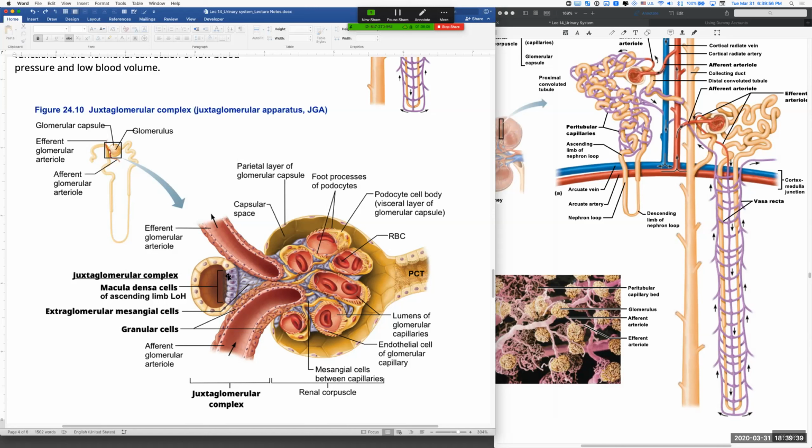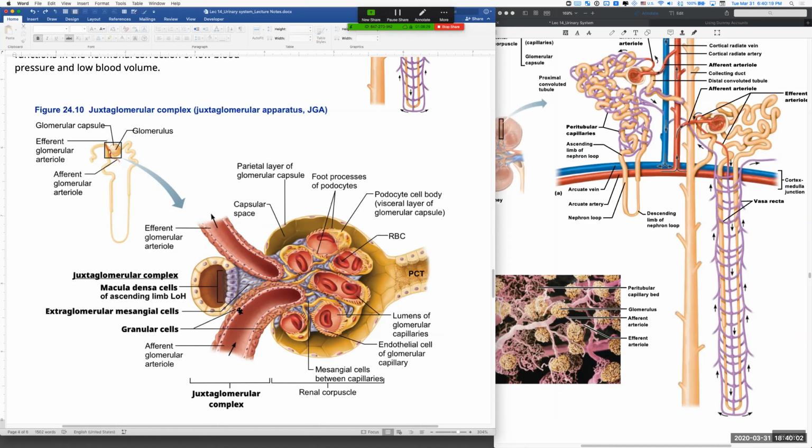Now, macula densa cells are the cells located in this structure, lining the side of the ascending limb of the loop of Henle. And then there are extraglomerular mesangial cells, or just mesangial cells, that are in between the macula densa cells and the granular cells.